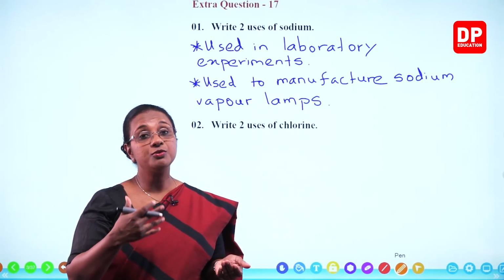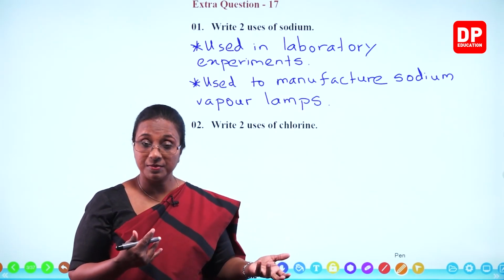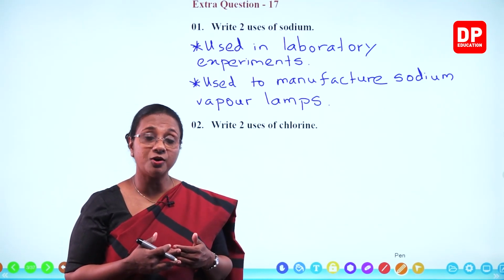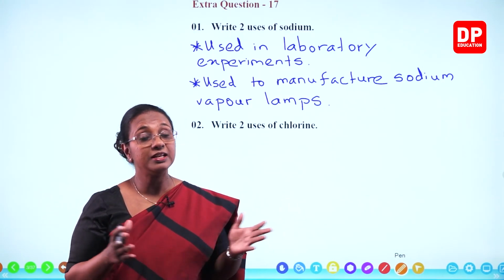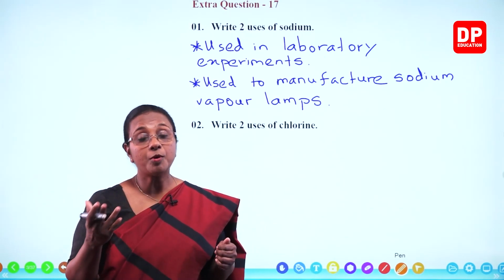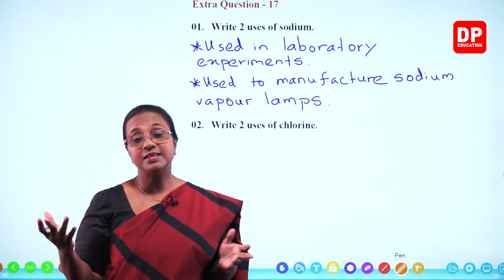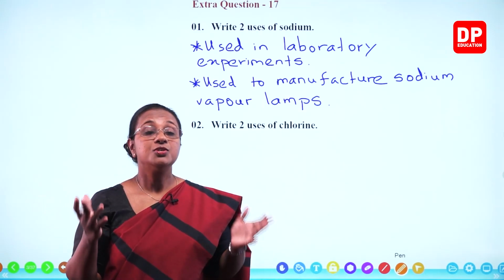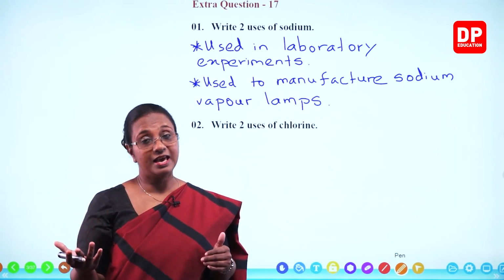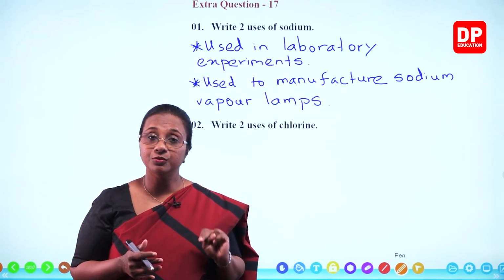And also I have told you all, the water that is supplied to the household is also purified, mainly the bacteria are removed using chlorine gas. Then there is polyvinyl chloride, that is PVC, which is a polymer. This PVC is available as plastic and PVC pipes and all those objects. So there also to manufacture PVC, we need chlorine gas. So like that, there are many uses of chlorine. You all can write any 2 uses.